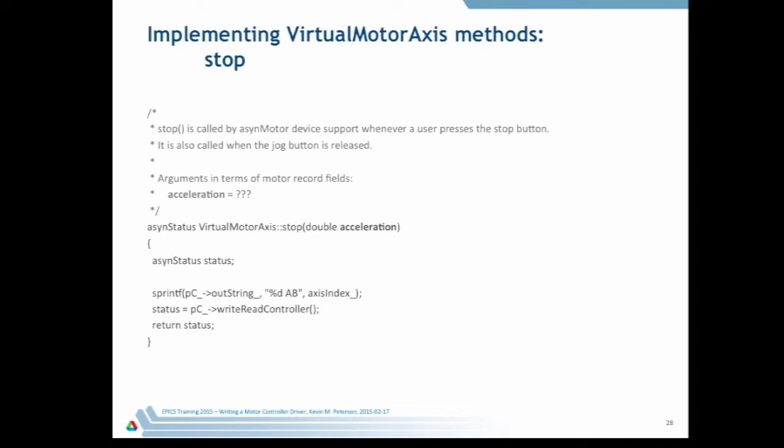That acceleration comes from the ASYN motor base classes. That's an interesting tidbit. It could have functional implications if you decide you actually want to implement a stop deceleration, but most drivers don't do anything with that argument. So I point that out, but we will move on.